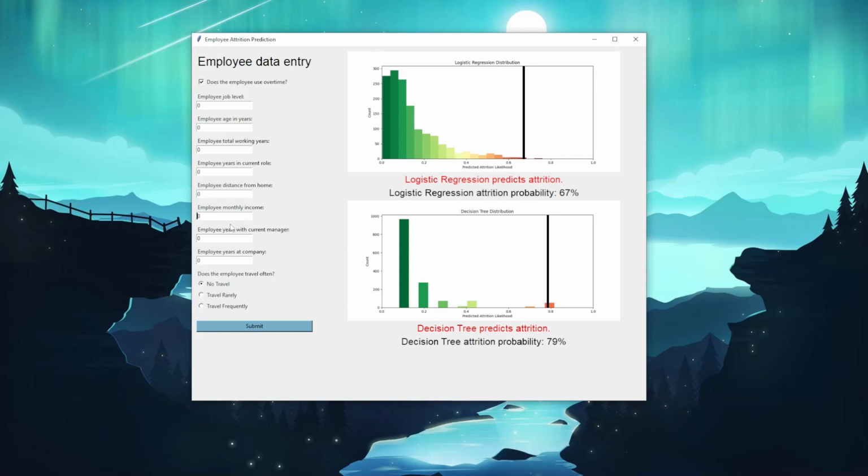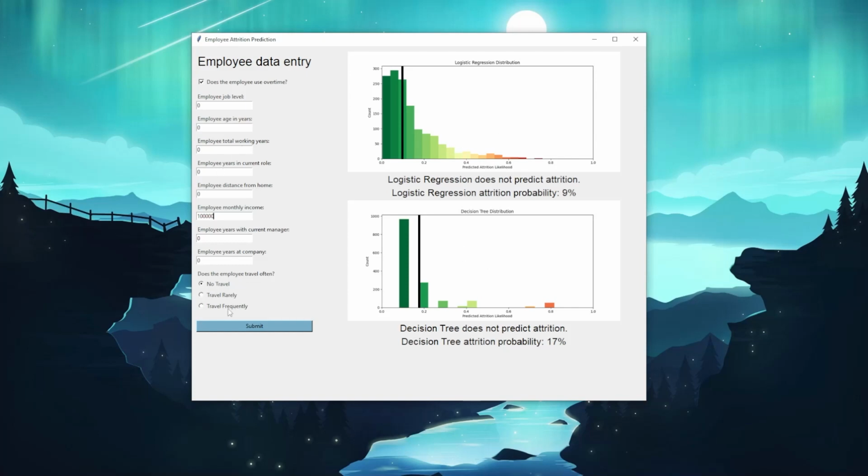And that sort of makes sense. This employee is being paid nothing. They have no years of experience in this current role, and they are the lowest level on the totem pole, and they are using overtime. So that's quite abysmal. But we can imagine that we might pay this employee more, so we'll give them a good salary. And now neither of the models predict attrition.